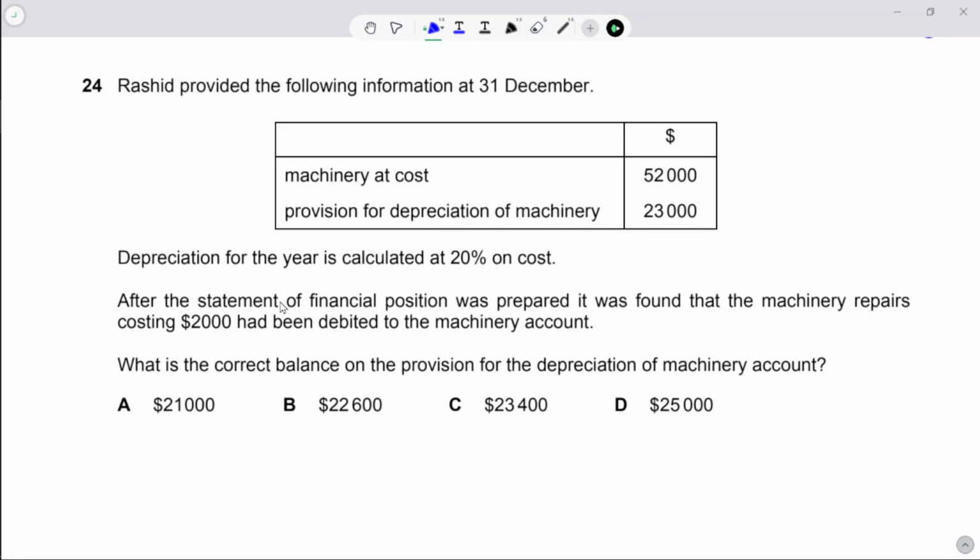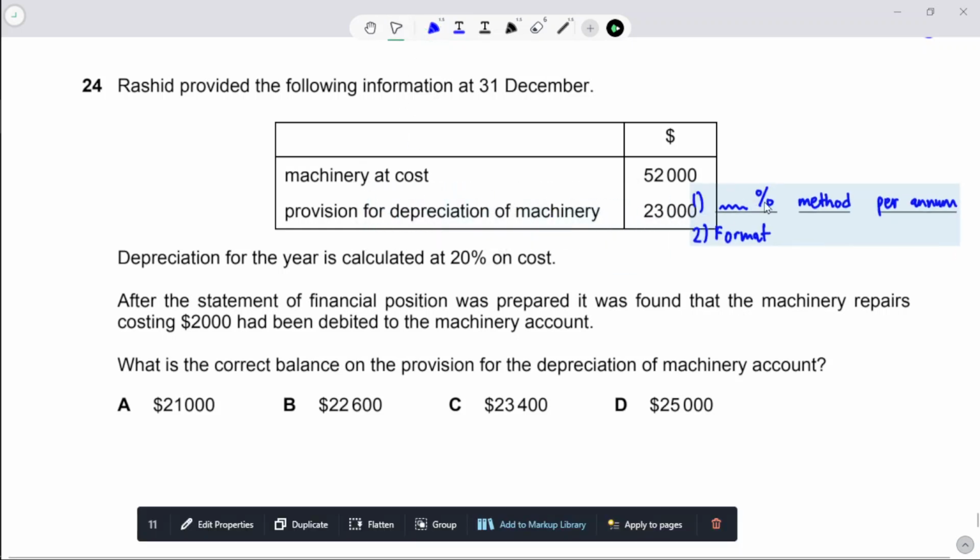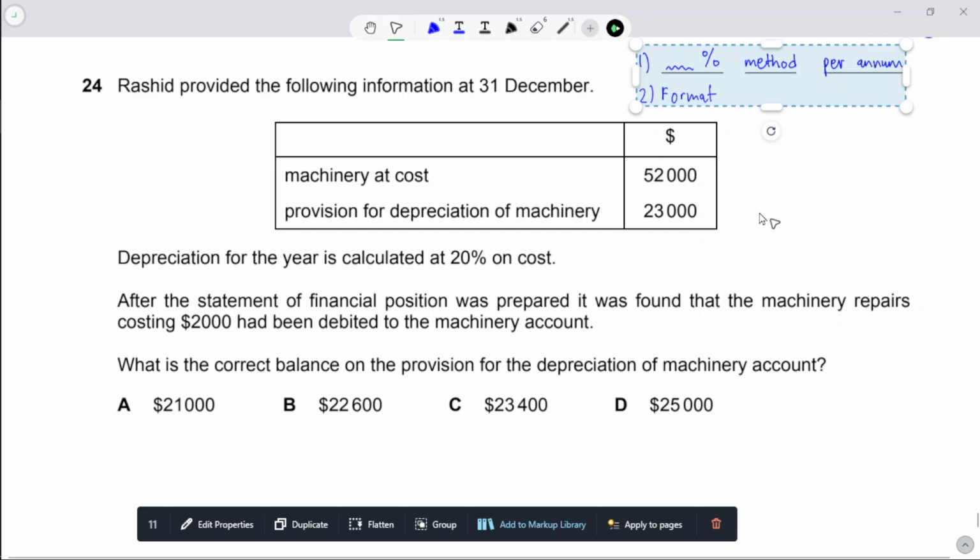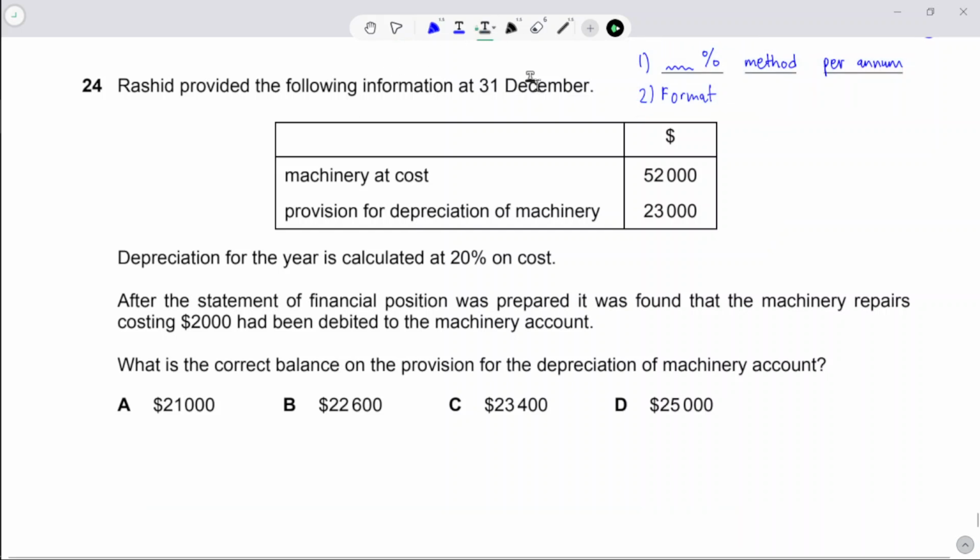Okay. This question, let's do it together. First thing first, let's underline. Then let's see what it means. We want to do the correct one.